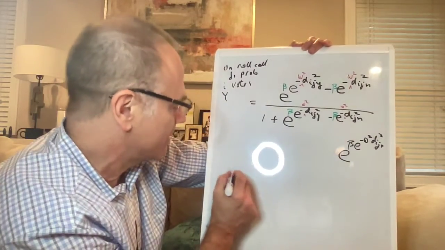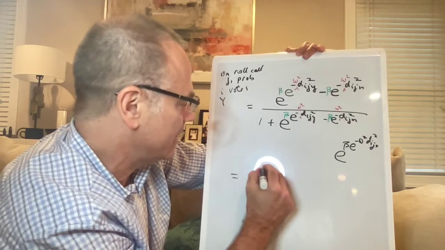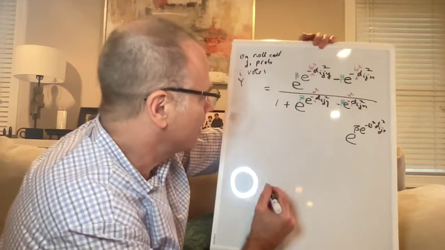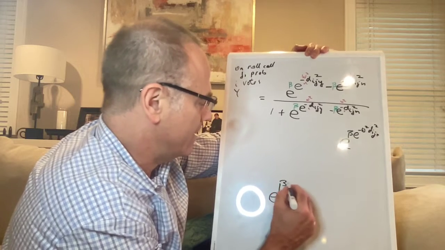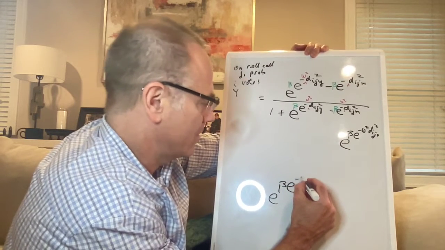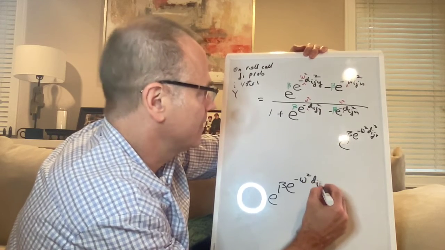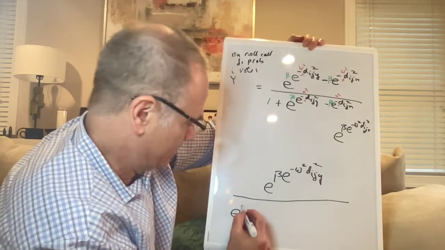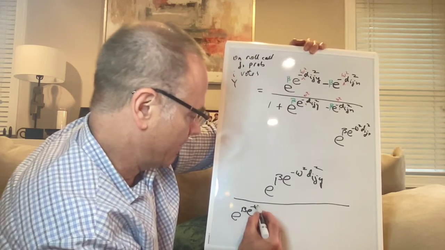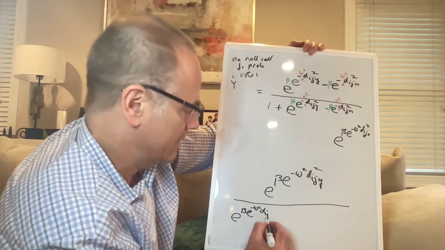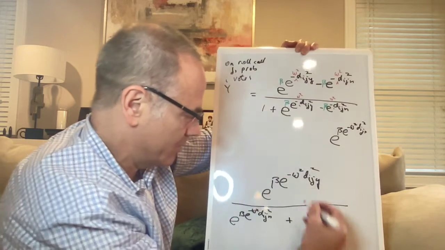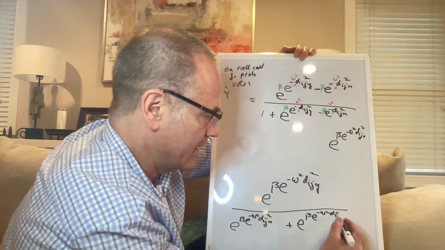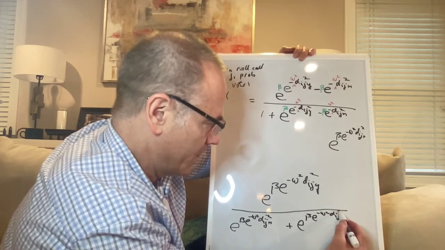So once we do that, we can say probability i votes yay equals e to the beta e negative omega squared d_ij y squared, divided by this term times 1, e to the beta e negative omega squared d_ij n squared, plus this term, e to the beta e negative omega squared d_ij y squared.